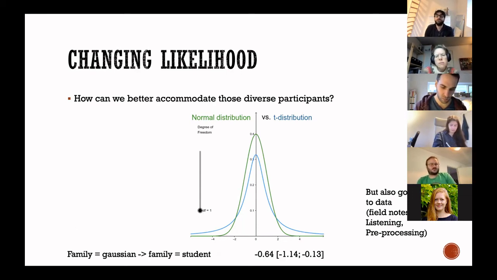So what we might do is simply change from family Gaussian to family student, right? And what we'll see is that our estimates are changing quite drastically. For instance, they're going to go from minus 0.39 to minus 0.64, right? Still overlapping, but decidedly becoming more negative, and the divergences are going to disappear.